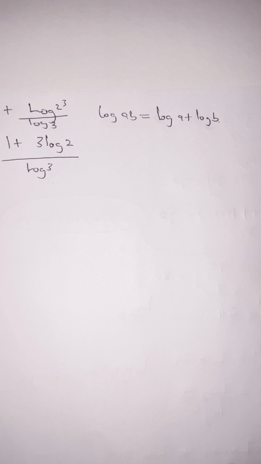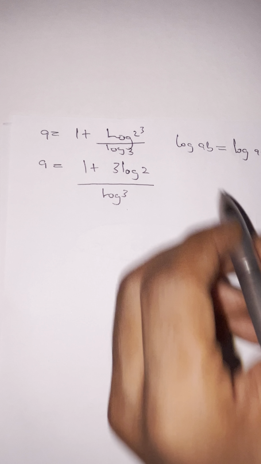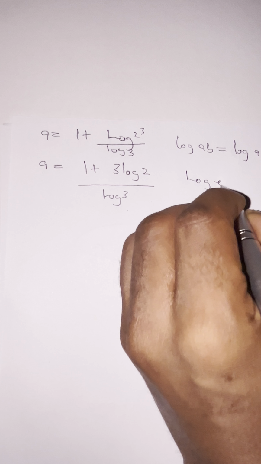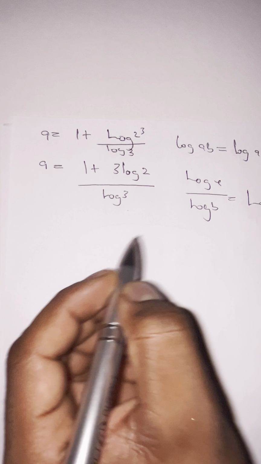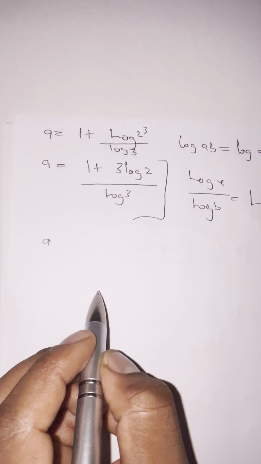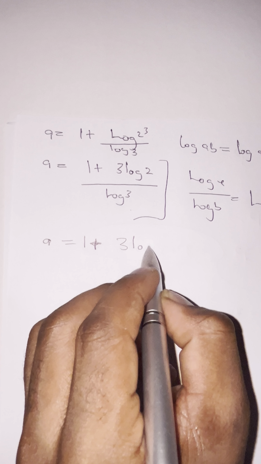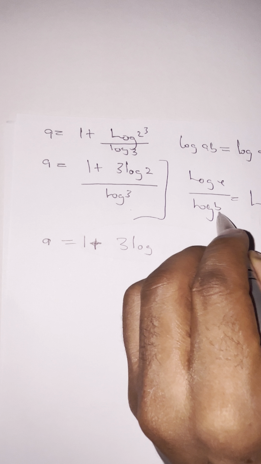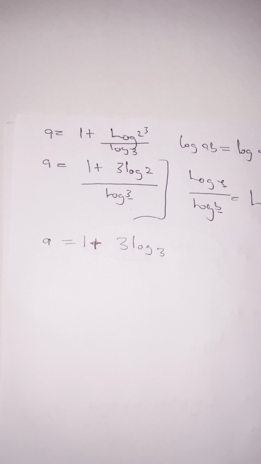Log AB is equal to log A plus log B. So, in this particular manner, you still remember our exponential law says log A divided by log B is equal to log base B of A. In this fashion, we're going to say a is equal to 1 plus 3 log base 3 of 2.